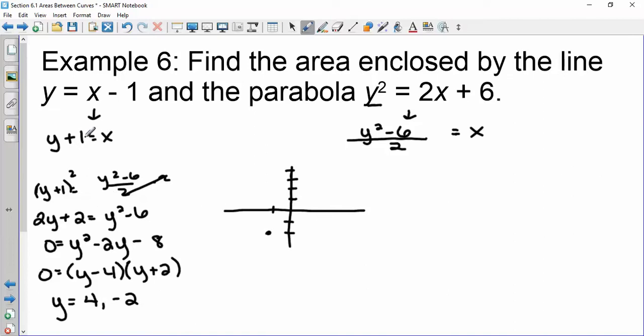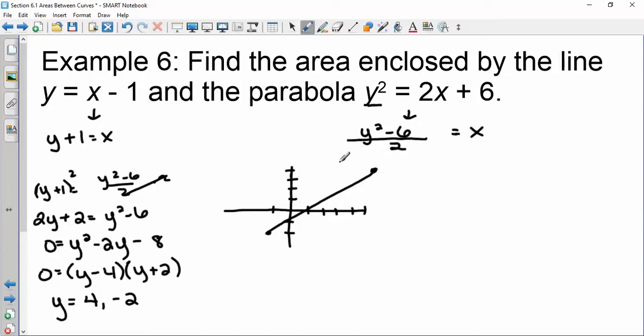If you plug a 4 in for your y, you get 5. So that's the point 5, 4. So that's the line. The parabola, again, if we plug in the negative 2, we get the negative 1. And if we plug in 4 for the y, we get this point.